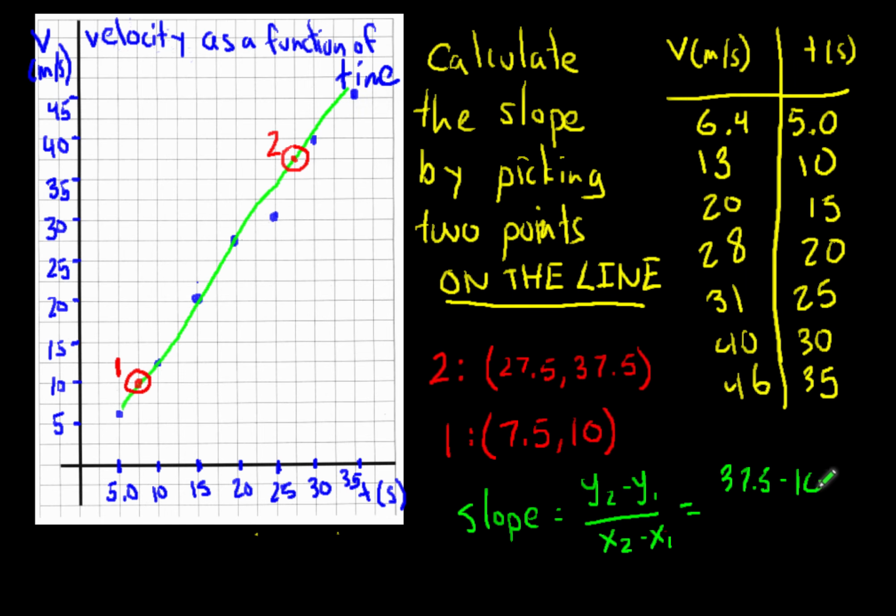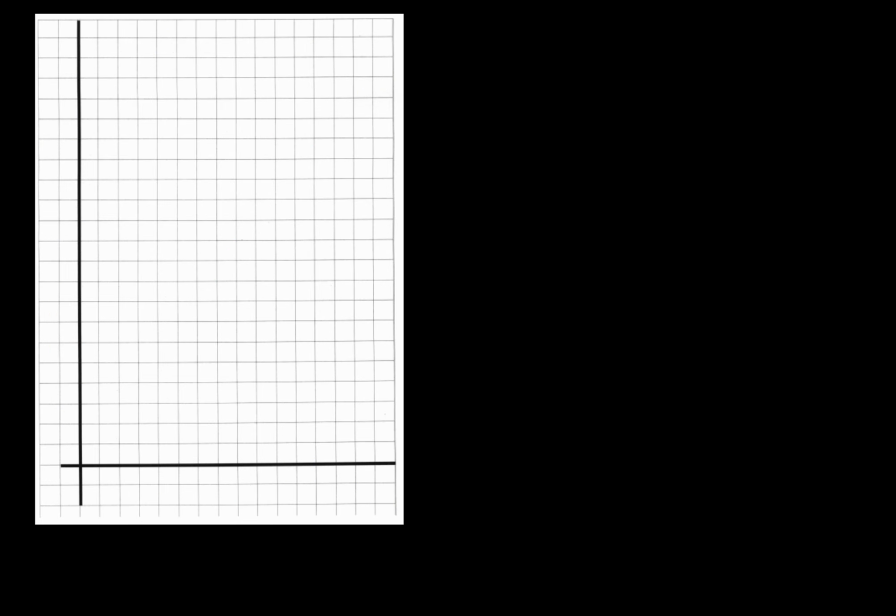This is 37.5 minus 10 divided by 27.5 minus 7.5. The slope of this graph is then 1.4 meters per second squared. Again, make sure your slope has units.